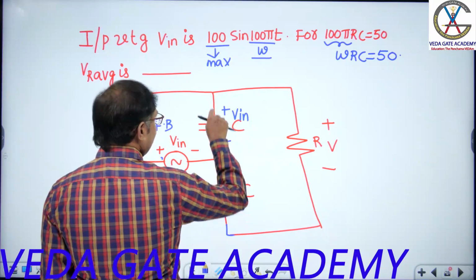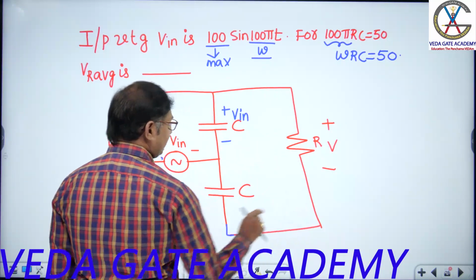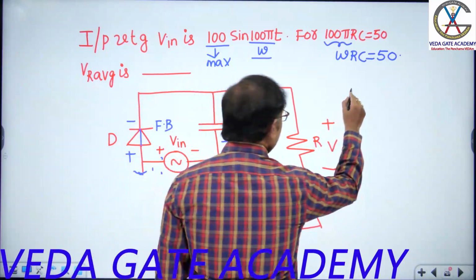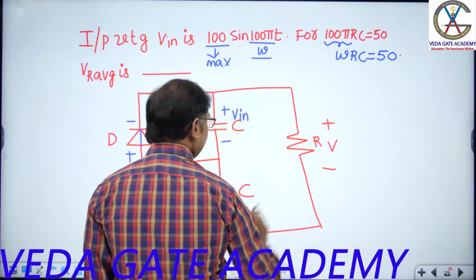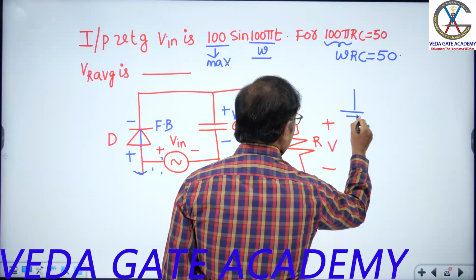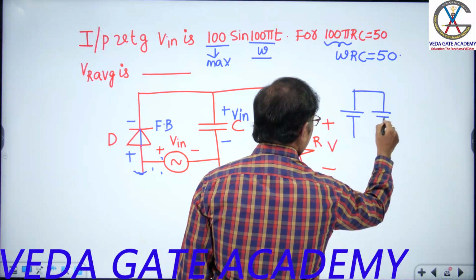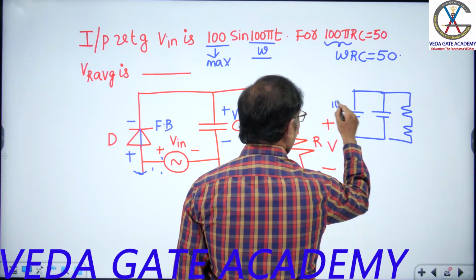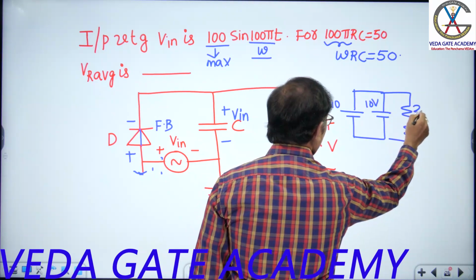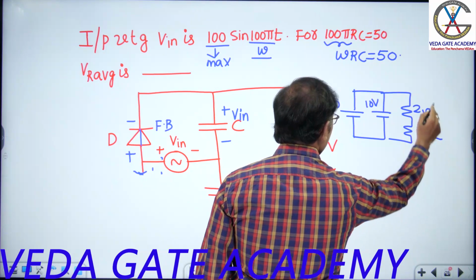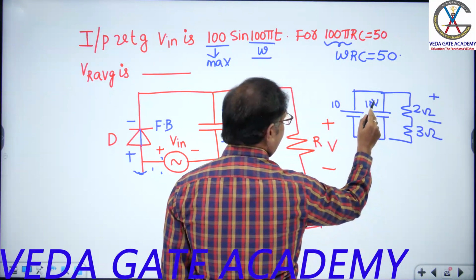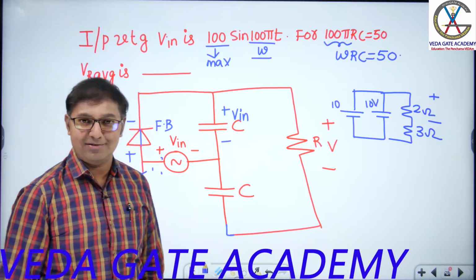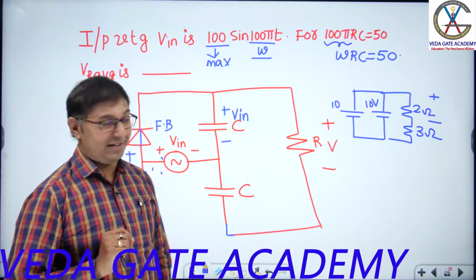If you have any doubt, let me draw a simple DC structure: 10 volts with 2 resistors, 2 ohms and 3 ohms. What is the voltage across this? 10 into 2 by 2 plus 3. A similar structure. Getting the point?